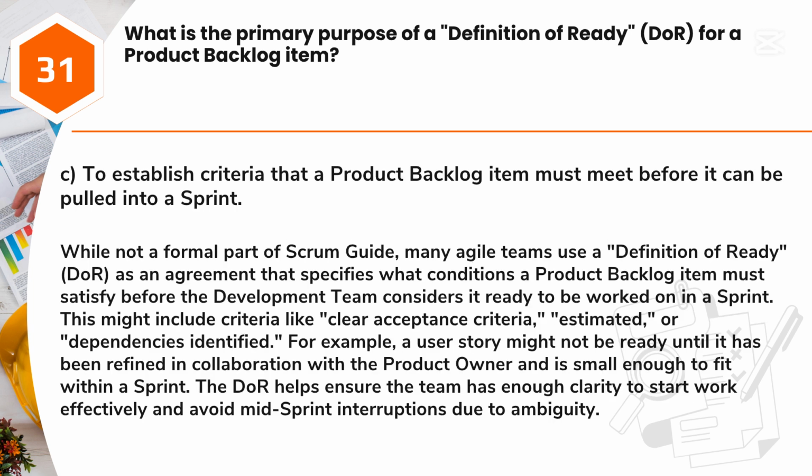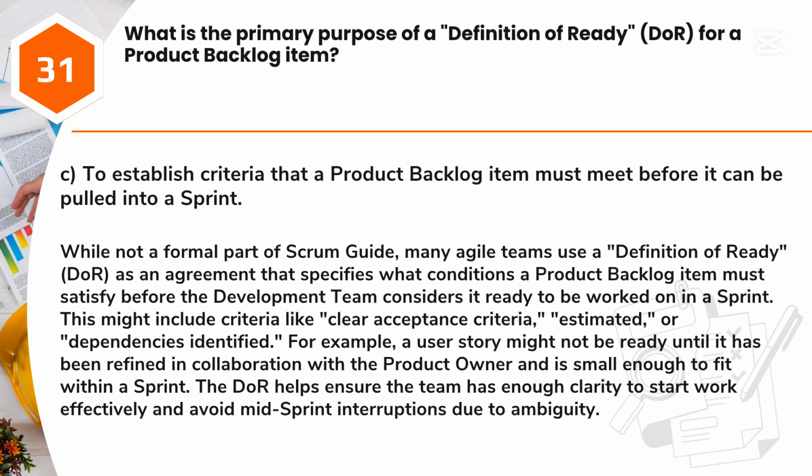Answer: C. To establish criteria that a product backlog item must meet before it can be pulled into a sprint. While not a formal part of the Scrum Guide, many Agile teams use a definition of ready as an agreement that specifies what conditions a product backlog item must satisfy before the development team considers it ready to be worked on in a sprint.